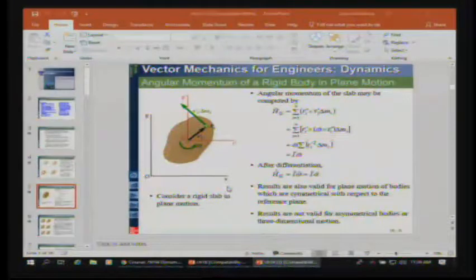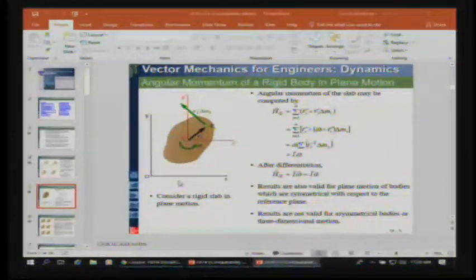After we differentiate that, the derivative of omega is alpha, or rotational acceleration. So the angular momentum about the center of gravity is equal to I bar omega, and the rate of change of angular momentum is equal to I bar alpha.